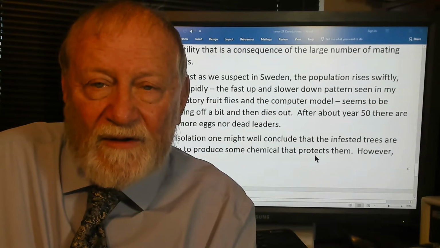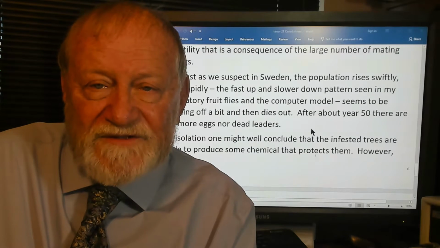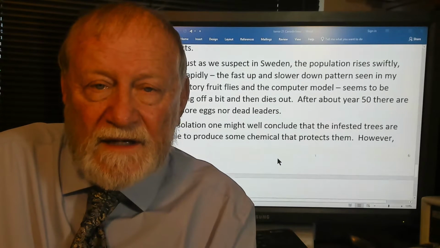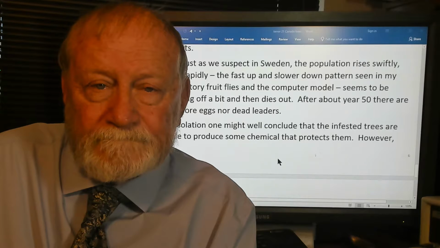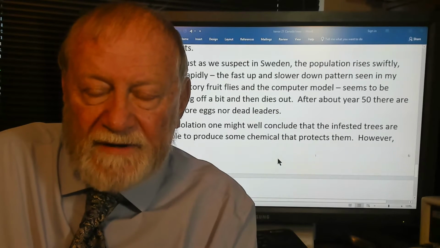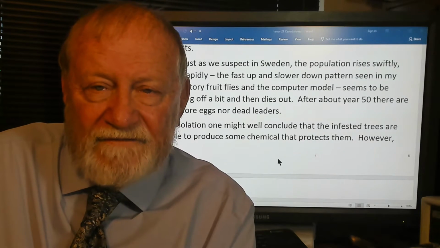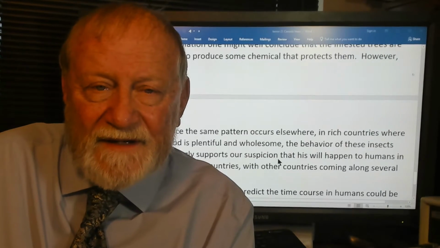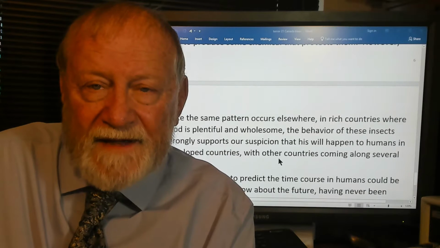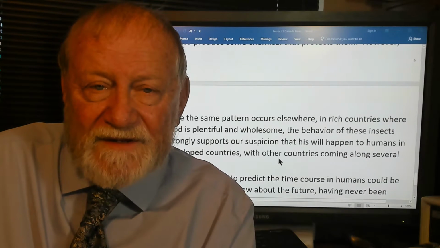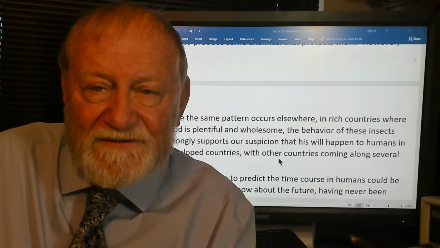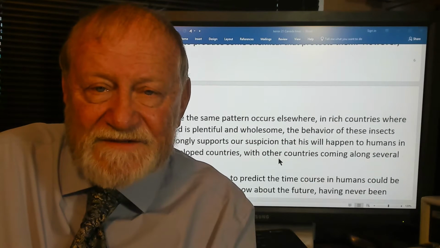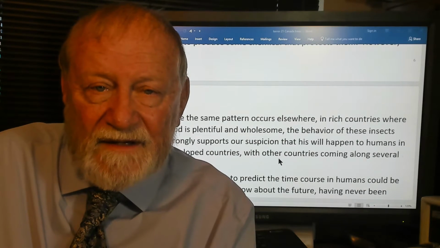Time before all the weevils are gone, about 50 years. Possibility the infested trees are producing some chemical to protect them, but the pattern occurs everywhere in rich country where food's plentiful and wholesome. Behavior of insects, same pattern.